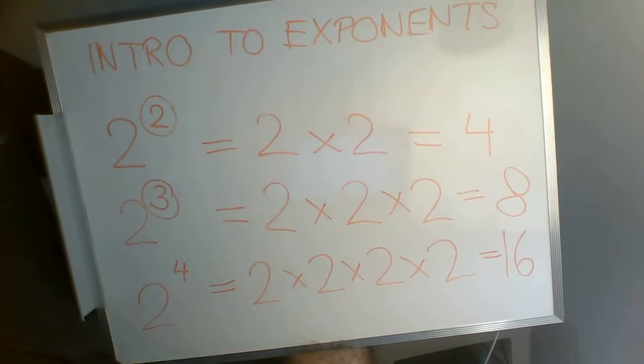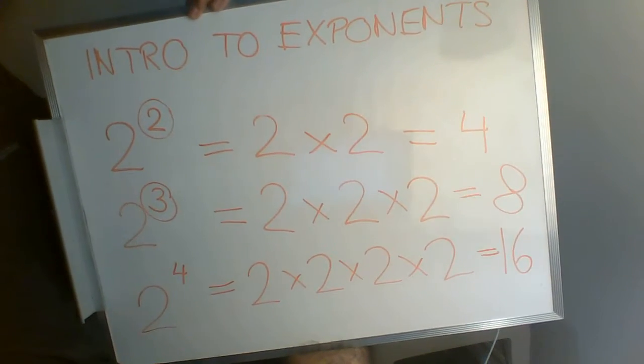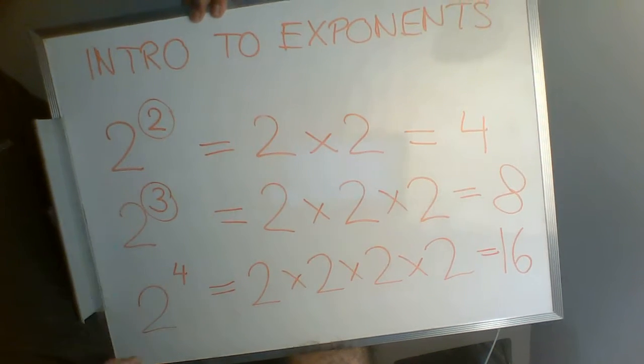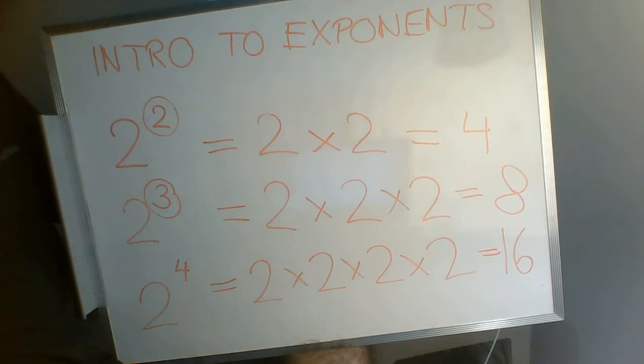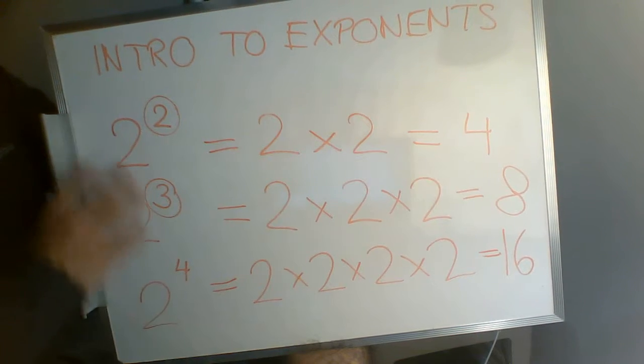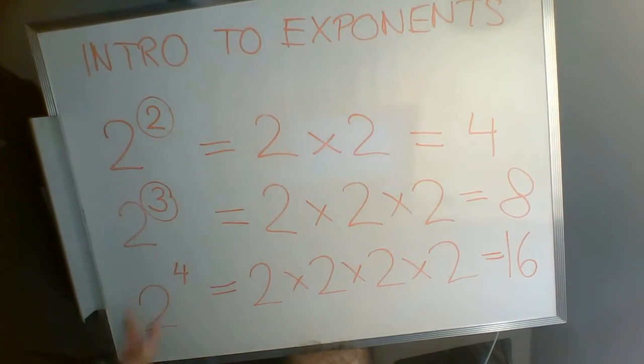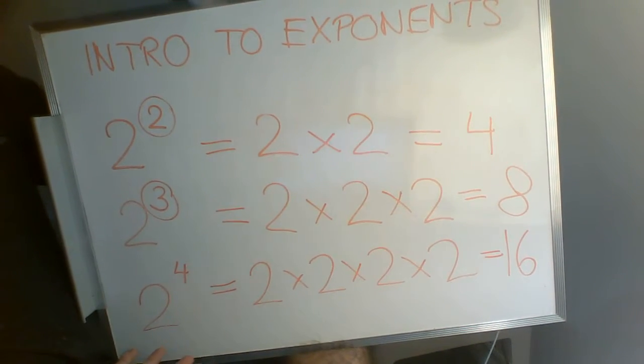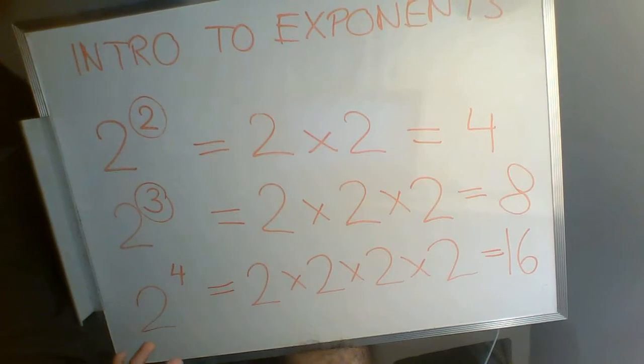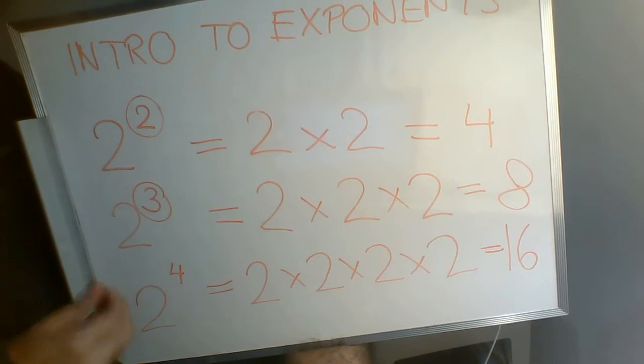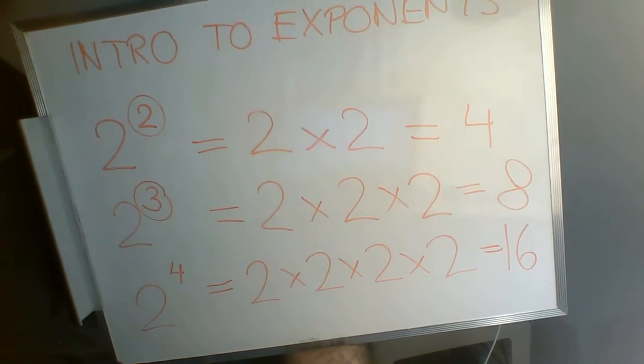So the amount that it changes is based on the base, but the specific value is dictated by the exponent, because you could have a huge base but a tiny exponent and get a really small number, or you could have a small base and a huge exponent and get a really large number.